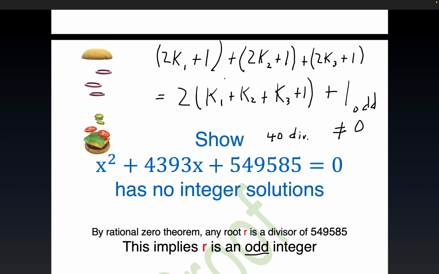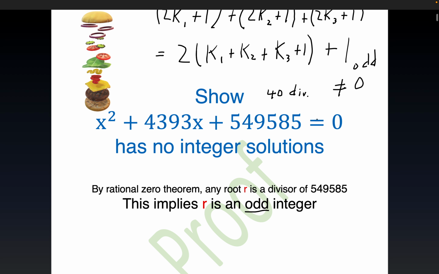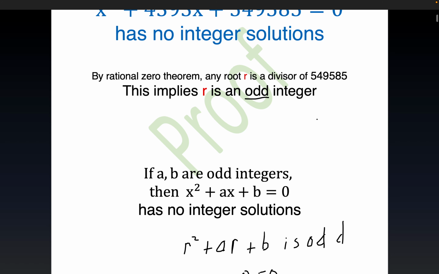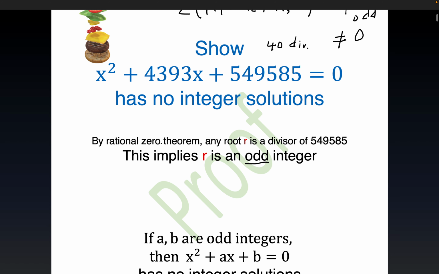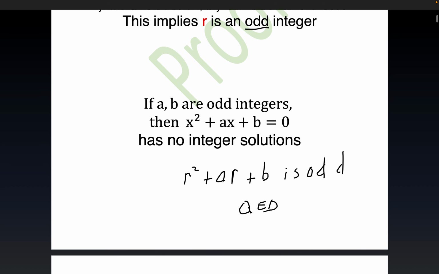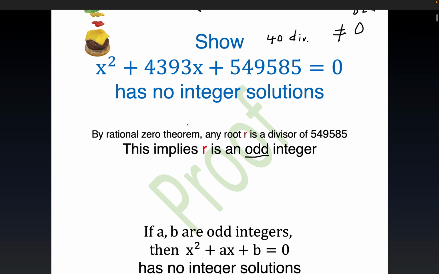You're always going to have at least a 1 left over, but it's not going to be equal to 0. That's a fact. And that's really the basis of the proof, along with the very well-known rational zero theorem, which applies to any polynomial with integer coefficients. Okay? So anyway, we're done, folks, and thanks for viewing.